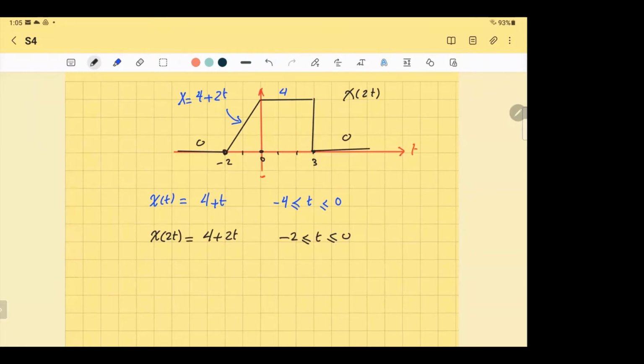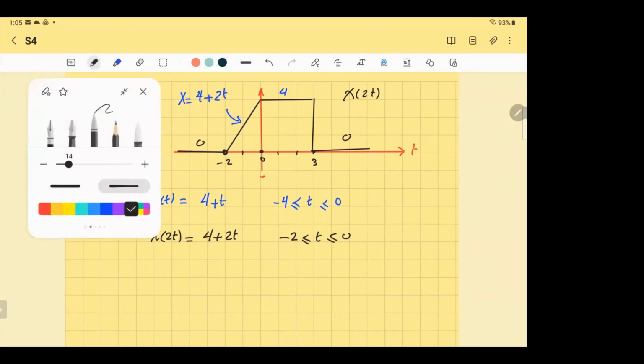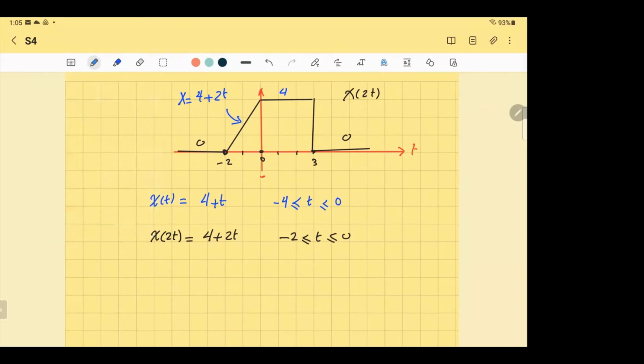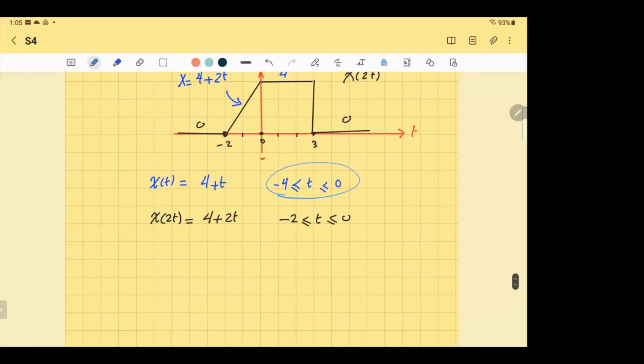Compare both equations. If you want to find the mathematical expression for the new function, what do you observe? Yes, it changed. Especially the range is really important. Look at the range, what happened exactly. If you look at this function, and you replace t by 2t, you will have 2t greater than -4 and less than 0.